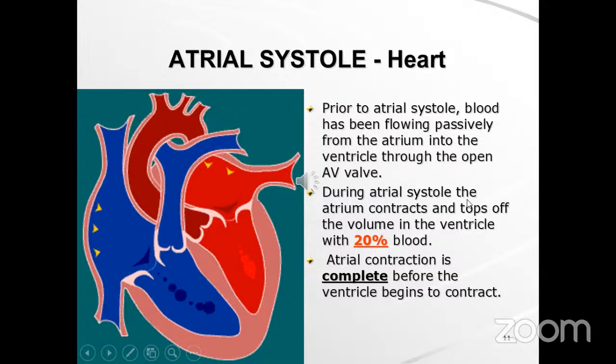Once the blood starts flowing from the atria to the ventricle and reaches a maximum, that causes the atrial systole, and the atrium contracts and tops off the volume in the ventricle with only 20% of blood. Atrial contraction is complete before the ventricle begins to contract.